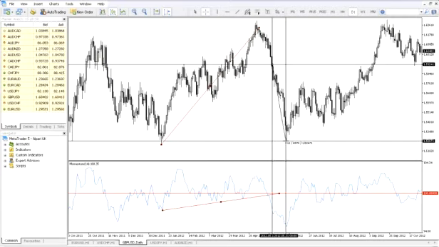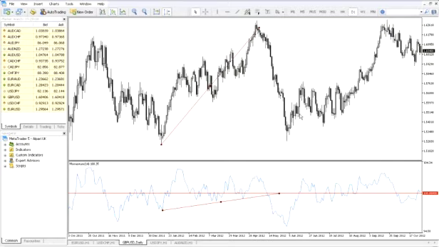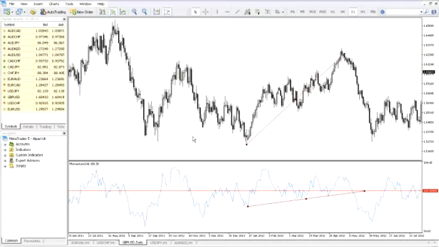Okay, and that's the third way of using this momentum indicator, and you can see already how great this indicator is. So the first way, like we said, was determining the strength of an actual trend taking place. The second way of using it is looking at the divergence, that we've seen here. I'm just going to draw that line again for you.